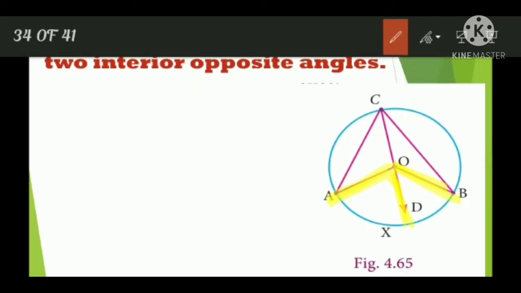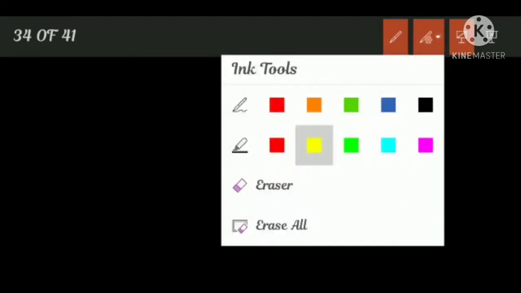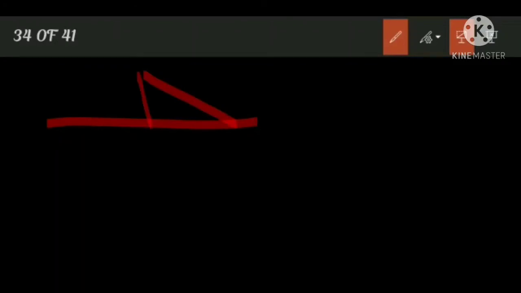So the sum of the two interior angles is equal to the exterior angle. And this is the result we are going to bring in now. Here, this is our D. It is our A.